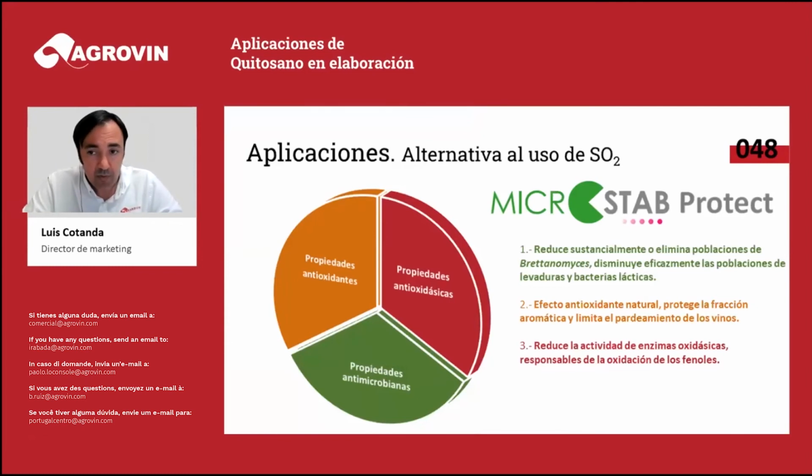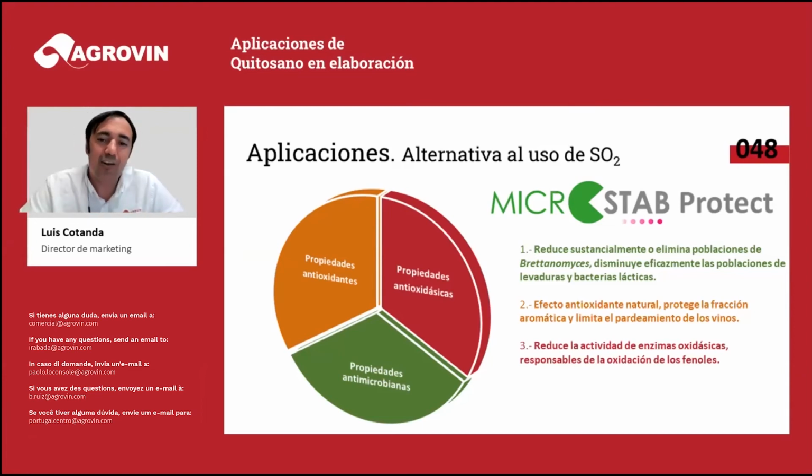Well, when we use chitosan, we want to reduce the use of sulfur dioxide. But what happens with oxidation? In AGROVIN, we have designed MicroStab Protect to cover the needs satisfied by sulfur dioxide and anhydrous compound.